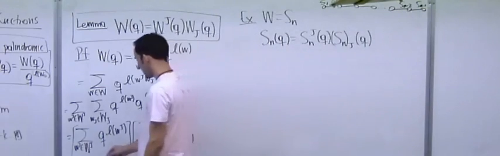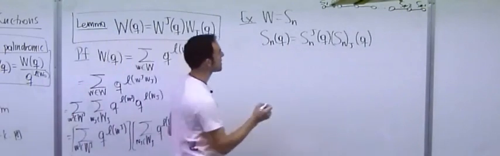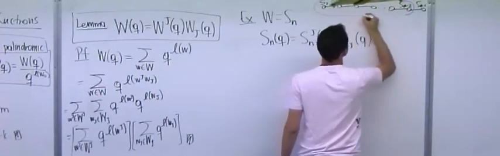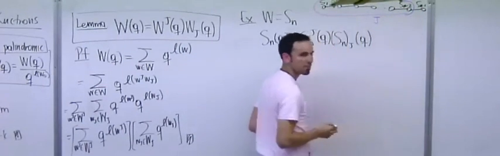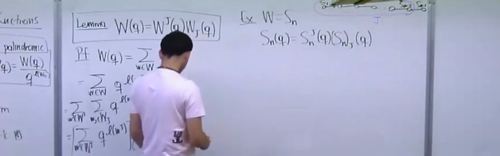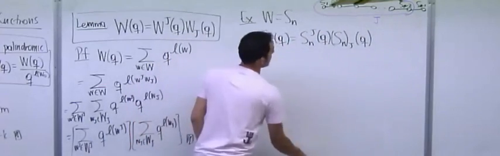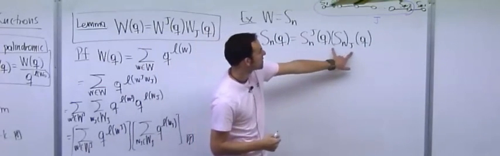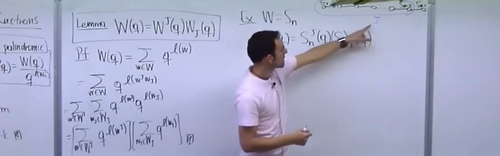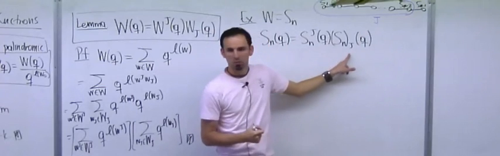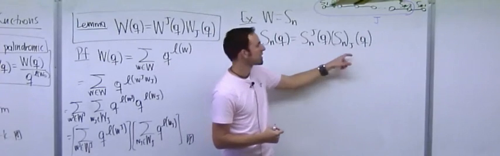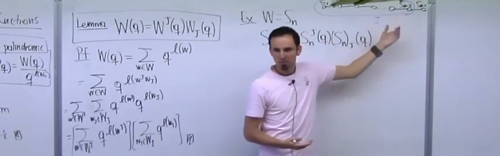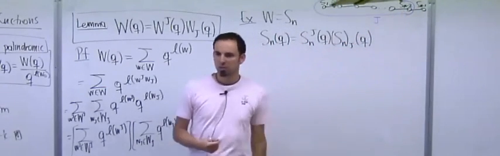And what I would like to do is take J to be equal to everything except for the last guy. Okay. I would like this to be J. And the reason for doing that is that if I take that to be J, then what is Sn sub J? Well, it's the group generated by S1, S2, up to Sn minus 2 with Coxeter relation. So that's just the one smaller symmetric group.